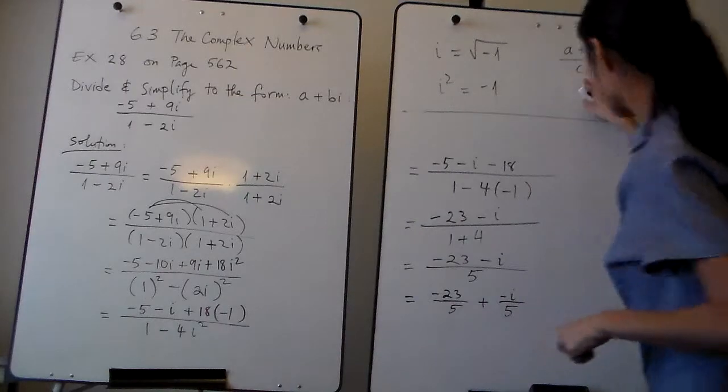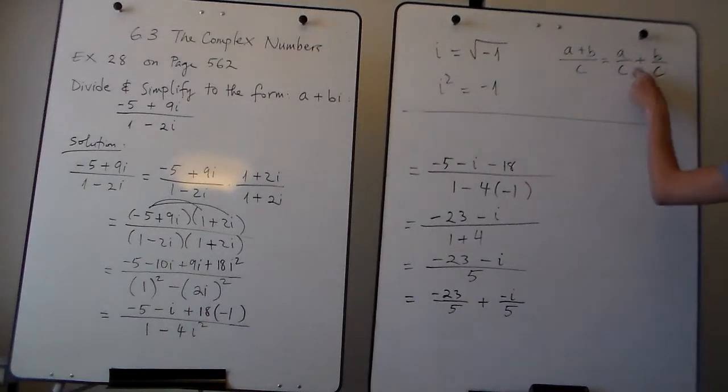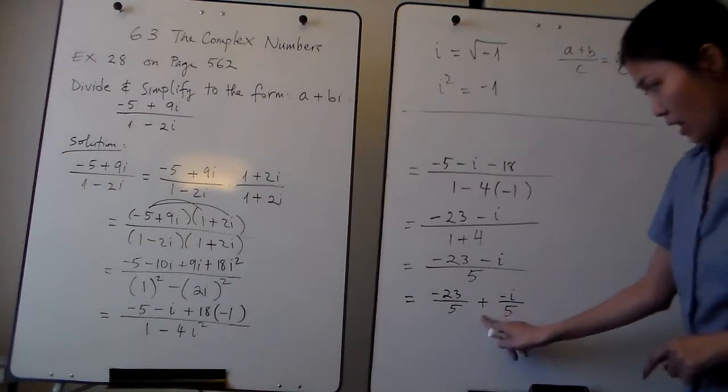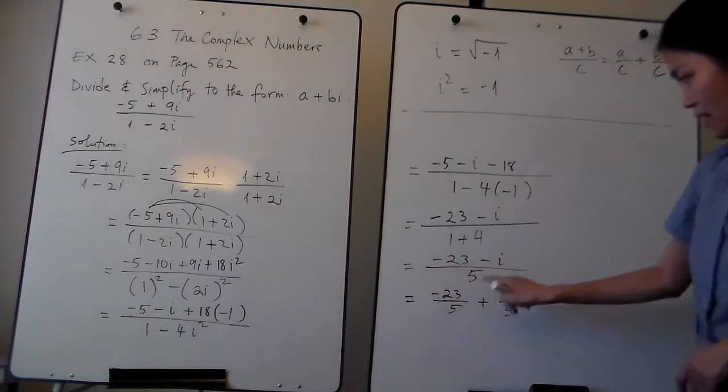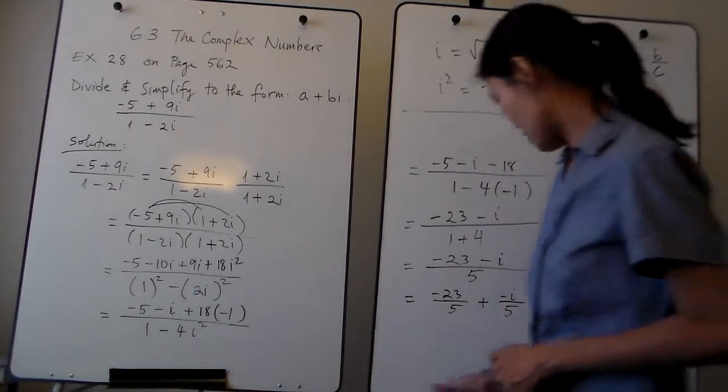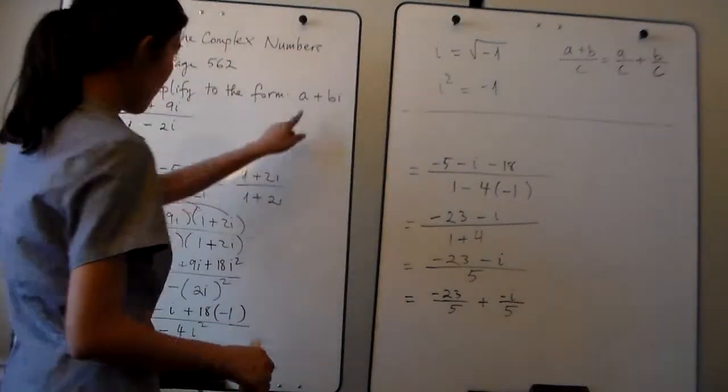Remember, when you split one fraction, it is addition, okay? Even though you have a negative here, treat this as the sum of two terms. This negative is still here, but it's on top of the i. And then from here, we can simplify further so that we have this form.